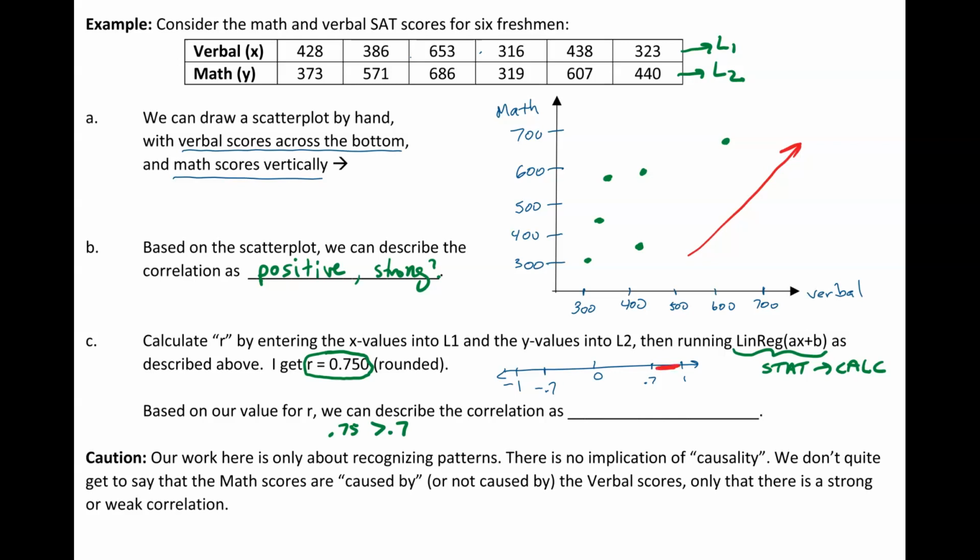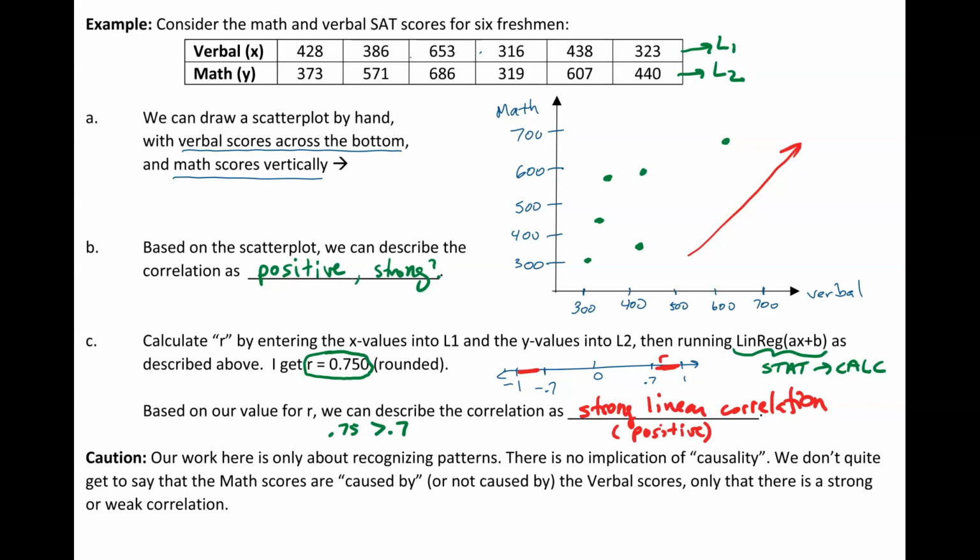These little areas that are close to 1 and close to -1, those are the strong correlations. So in fact, we are in that area, 0.75, so we have a strong linear correlation. And we can add in the positive there as well. The R being positive does show that.